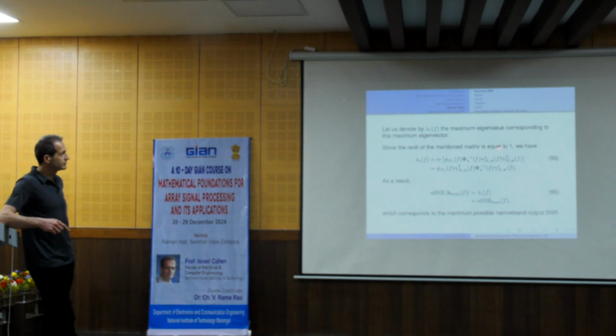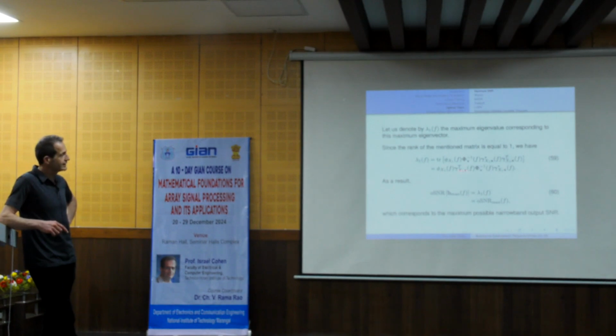So the trace of this matrix, we can take gamma transpose and put it from the left. If we put gamma transpose from the left, we don't need to keep the trace anymore because this is a scalar. So we got an expression for the eigenvalue.